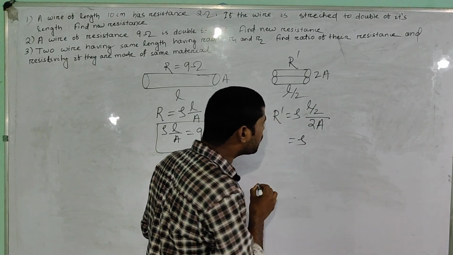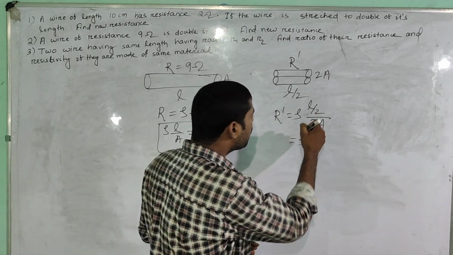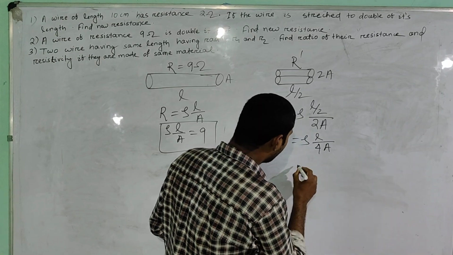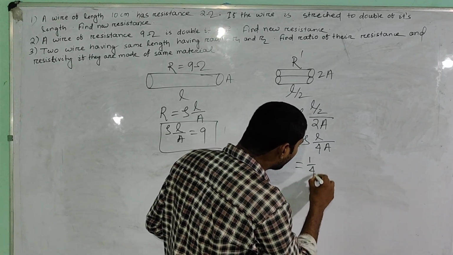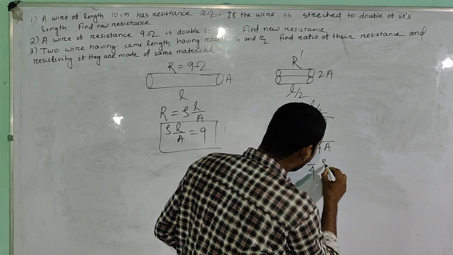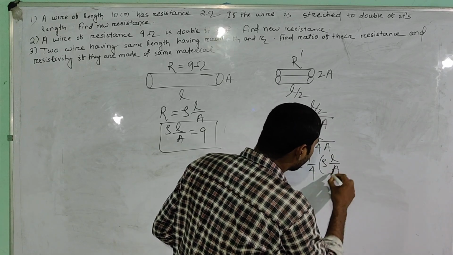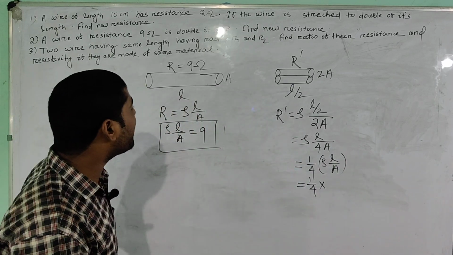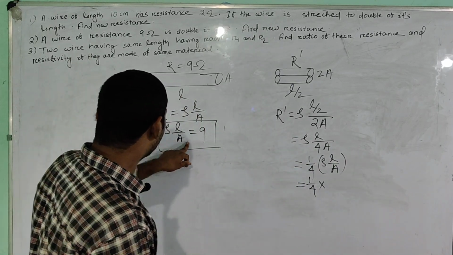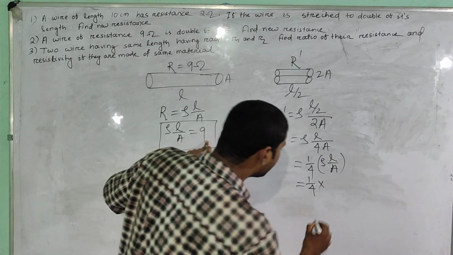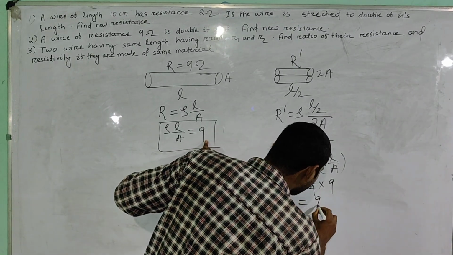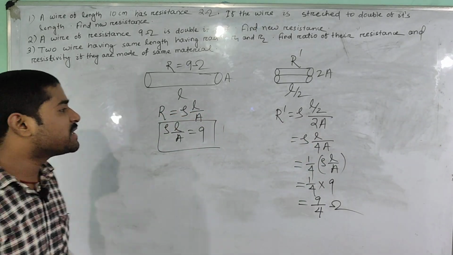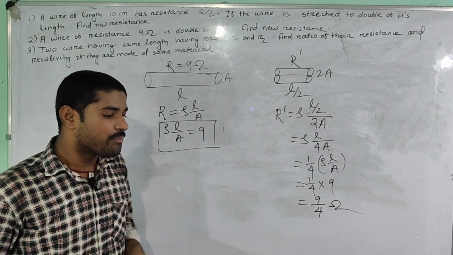So this is rho L by 4A, or this value is 1 by 4 rho L by A. Okay, so 1 by 4 rho L by A, the value of rho L by A is 9. So here the resistance is 9 by 4 ohm.